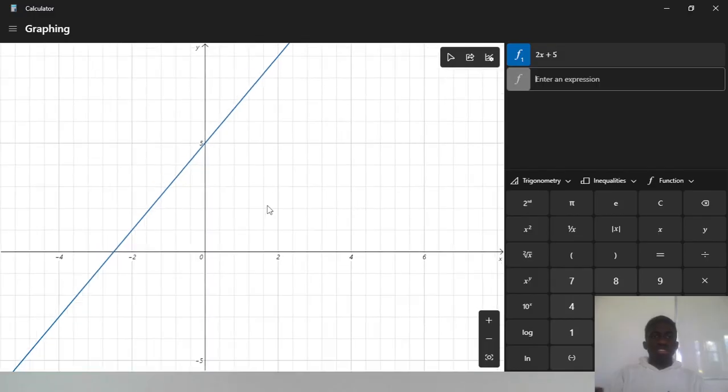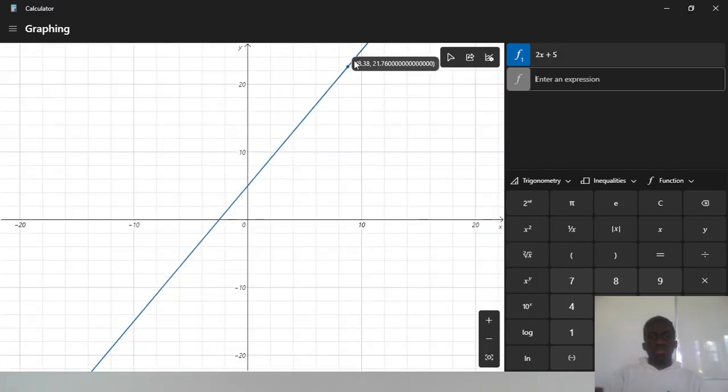So this is the graph. It's the graph of a straight line. The blue line is the graph, and we get a straight line. So y depends on the values of x. For each value of x, there is a corresponding value of y. By using this function here, for instance, when x is 2, we know that y will be 2 times 2, that's 4, plus 5, 9.